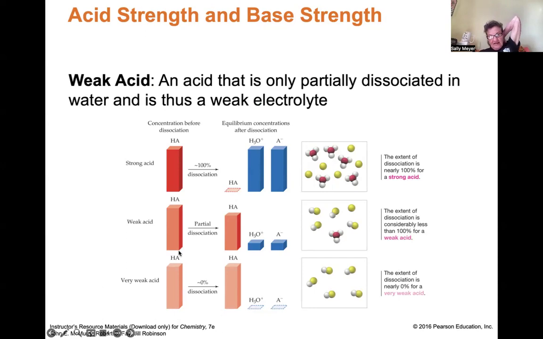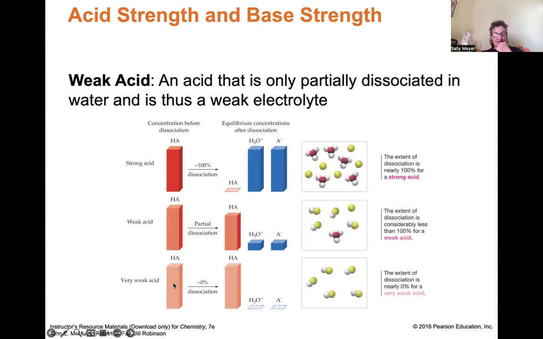You also have acids where you put them into water and only some of the molecules dissociate. So some of them dissociate to make H3O plus and A minus. Those will always be the same height, the two blue bars, but some of it will be left behind. So this is a weaker acid than the one above it. And then the very weakest acid is the one at the bottom, which shows barely any, about 0, dissociates.